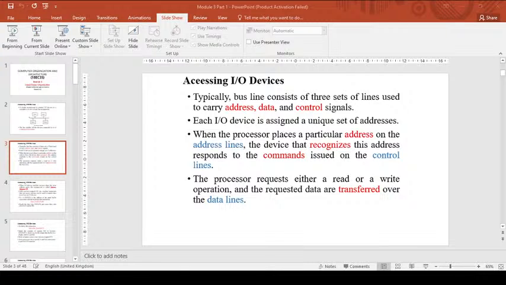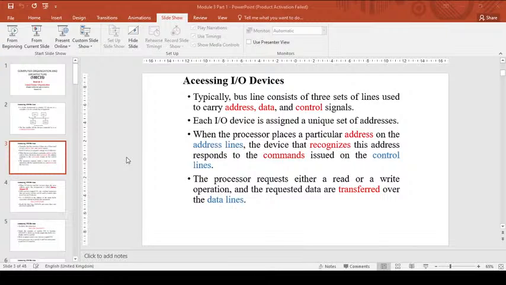If the processor wants to write into a particular location, it first provides its address on the address bus, and data from the corresponding location is placed onto the data bus. Similarly here, each IO device is assigned a unique set of addresses. When the processor places a particular address on the address lines, the device that recognizes this address responds to the commands issued on the control lines.